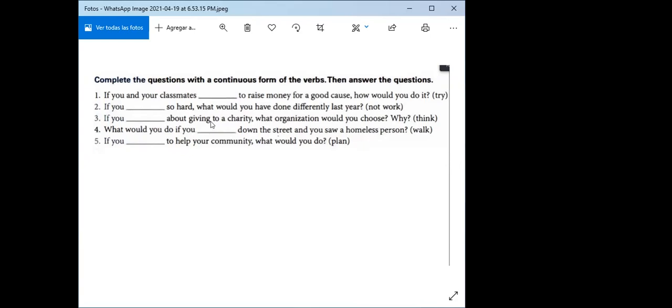I think I will give it to a pet shelter, like Patitas Felices in Acapulco. Go ahead, honey. Okay, I was thinking. Maybe I would choose an African organization. Good one.